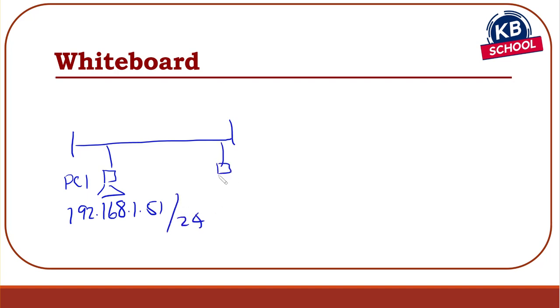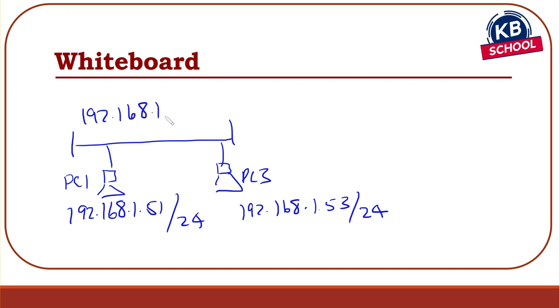On the same network, I have PC3. You don't see the switches in this layer 3 or logical diagram. This is the 192.168.1.0 subnet.